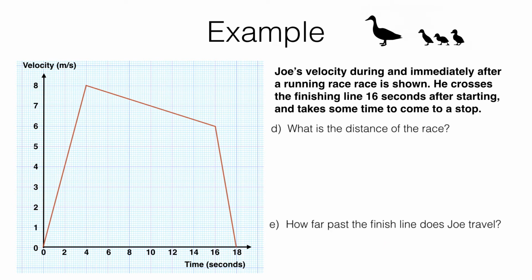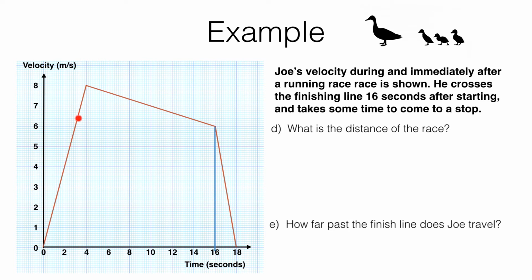In question D, we need to work out the total distance of the race. Now remember, he finishes the race after 16 seconds. So what I'm going to do is draw a line up from 16 seconds. Now, to find the race distance, we need to find the area under the graph up to this point.